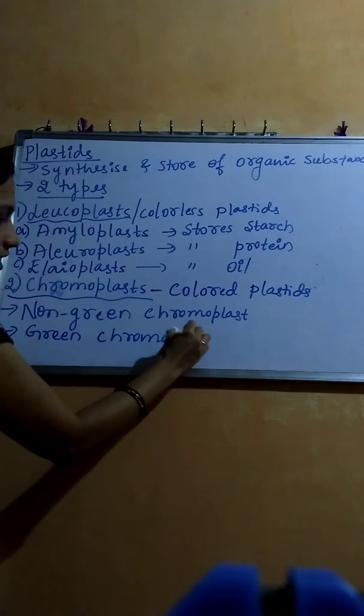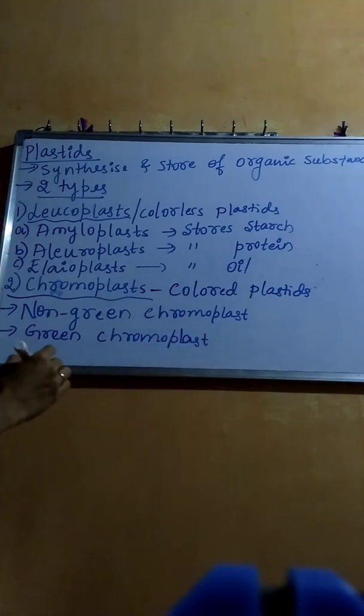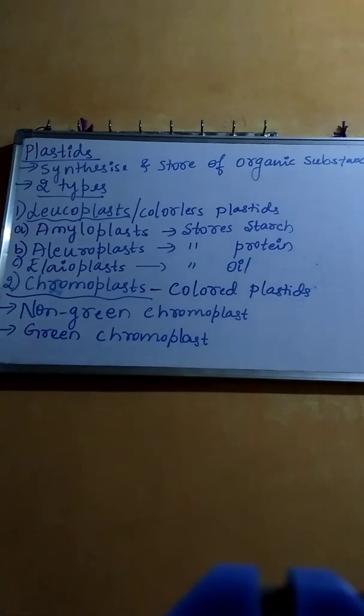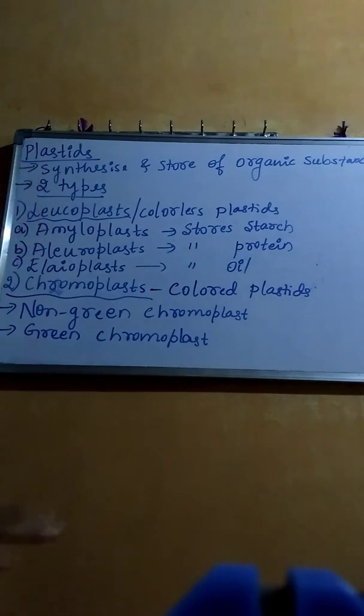Non-green chromoplasts are usually present in flowers and fruits. They may be red, orange or yellow in color. They are photosynthetically inactive.